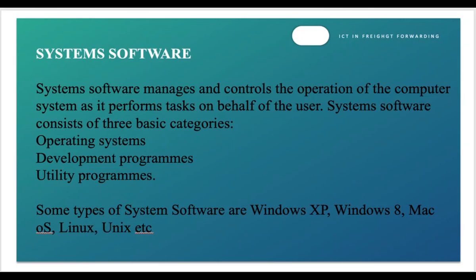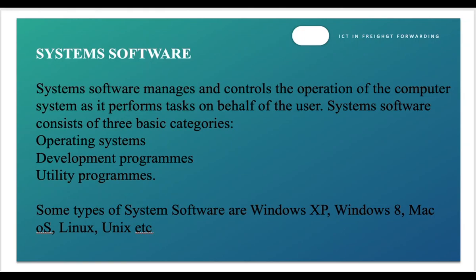Now, the system software consists of three basic categories. And we said three basic. These are one, the operating systems, two, development programs, and three, utility programs. Okay, we're going to look at what these are, the operating systems, the development programs, utility programs, and what they help us to do.